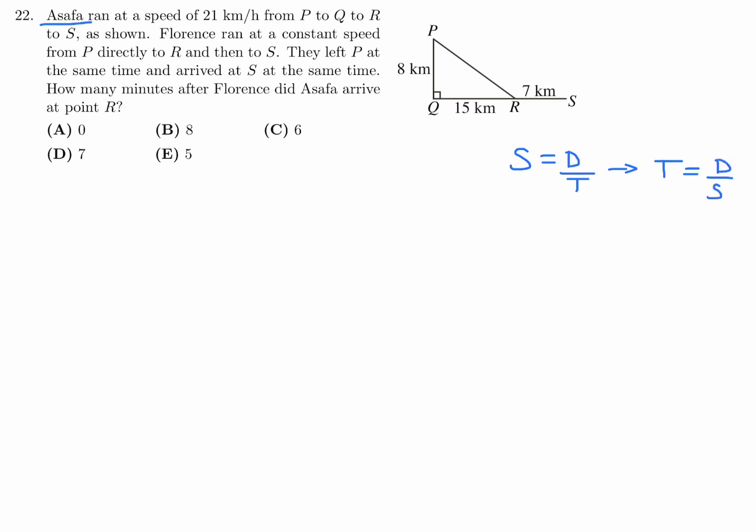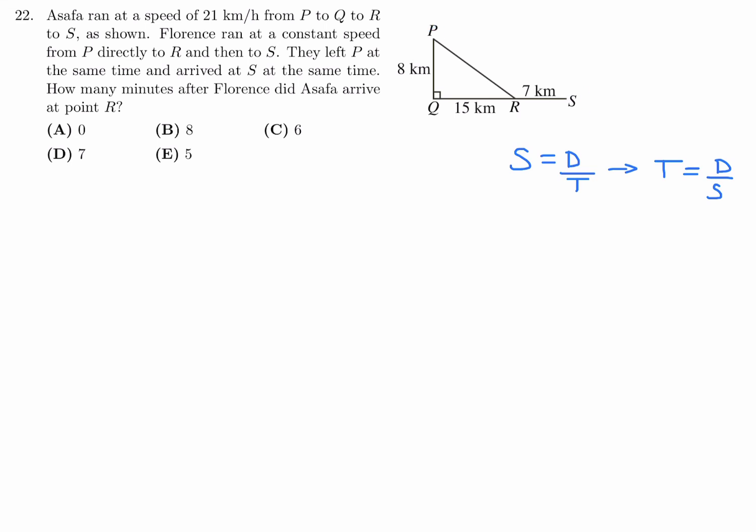And Asafa, who might be Asafa Powell, who is the former world record holder for the 100 meters, and Florence might be Florence Griffith Joyner, also known as Flojo, who is still the women's world record holder for the 100 meters. And they are running quite fast from P to S.